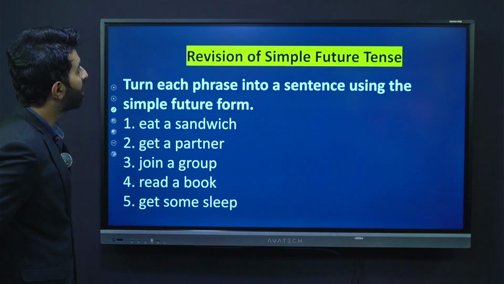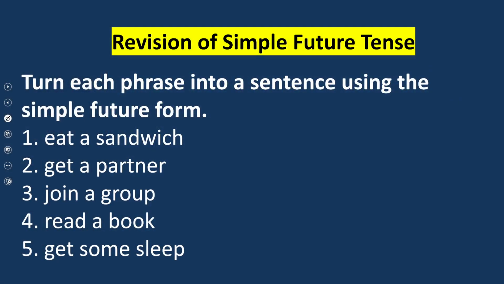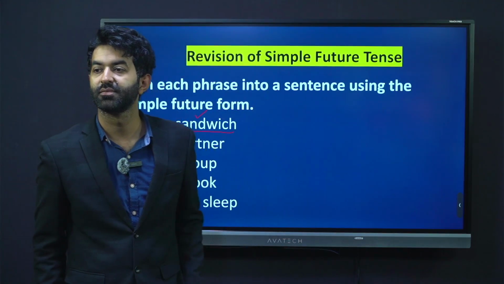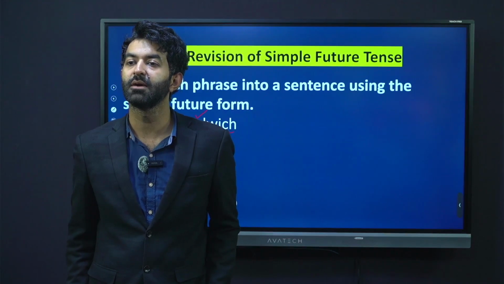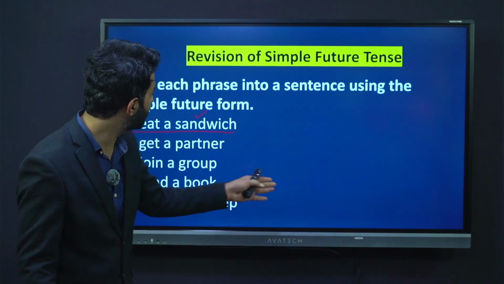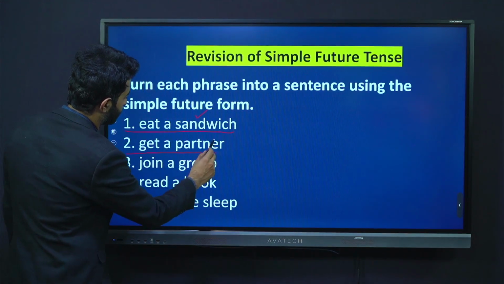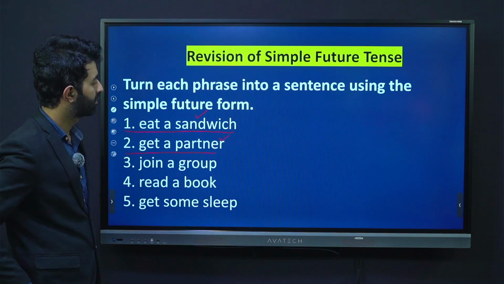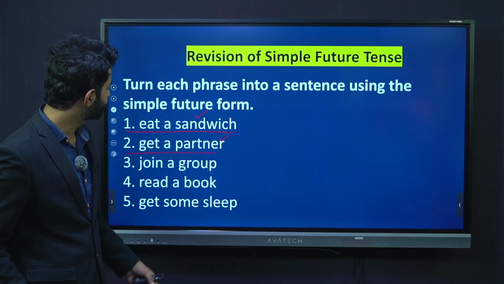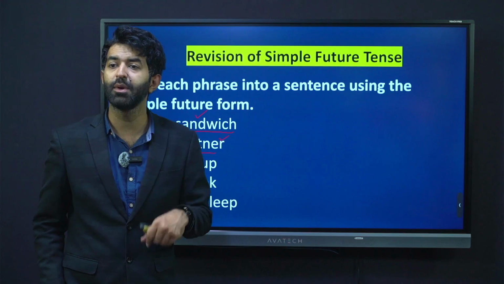Now what we are supposed to do is revise the simple future tense. Eat a sandwich, this is a phrase, we are going to turn it into the simple future form. Yes, give me a sentence. Eat a sandwich. सिंपल फ्यूचर टेंस में आपने इसको बनाना. Yes, she will eat a sandwich. Get a partner. For example, Mohammad will get a gaming partner.